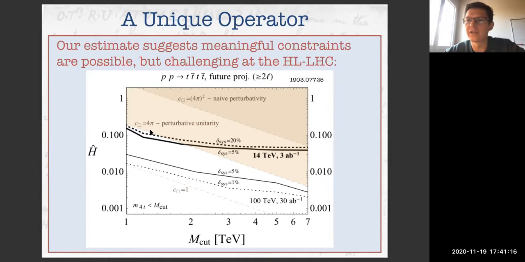Here, if we just assume that the leading correction is saturating perturbative unitarity, then that is this. So this is a more sensible sort of strongly coupled theory. And then if we assume that just the Wilson coefficient in terms of the mass squared in the denominator is of order 1, then this is what you get here. So this is just a moderately coupled UV completion.